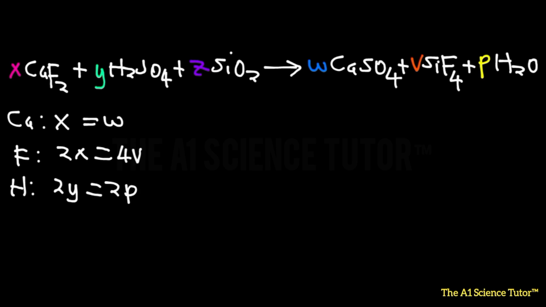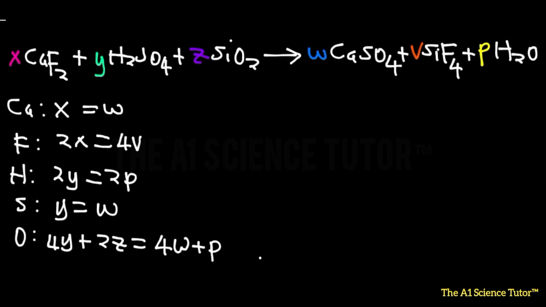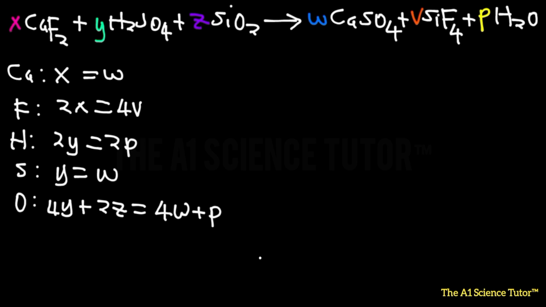For sulfur, we got just a Y, and on the other side, we got W. Then for oxygen, there is a 4Y plus 2Z. This will be equal to 4W plus P. And then the last one is silicon. For silicon, we have a Z on the left, and on the right, we have a V.